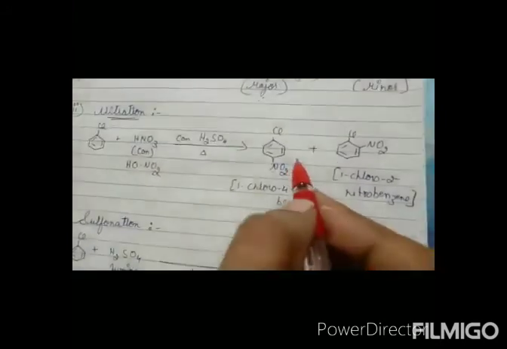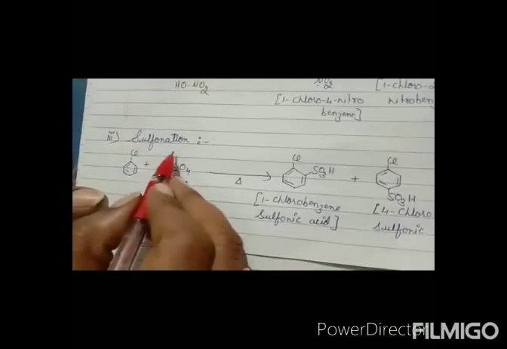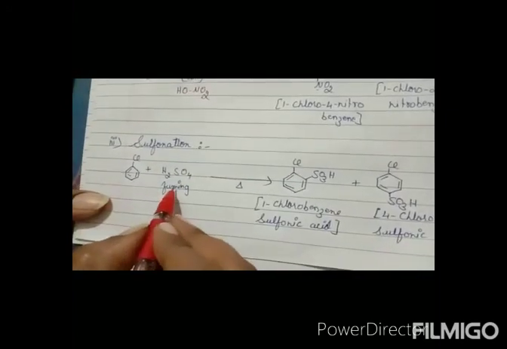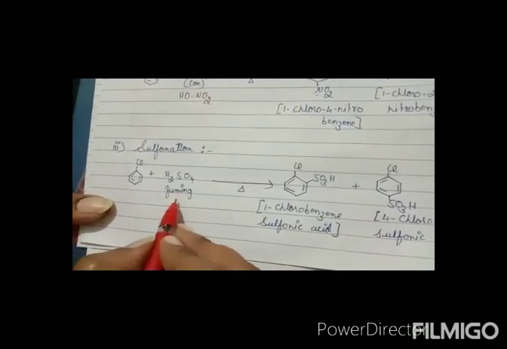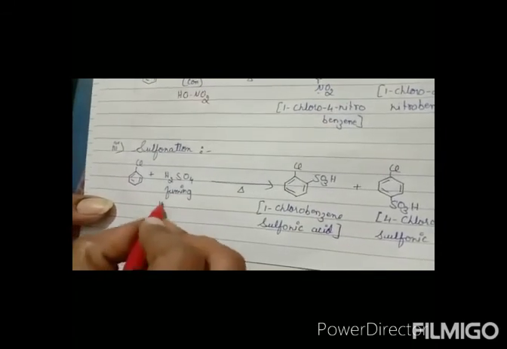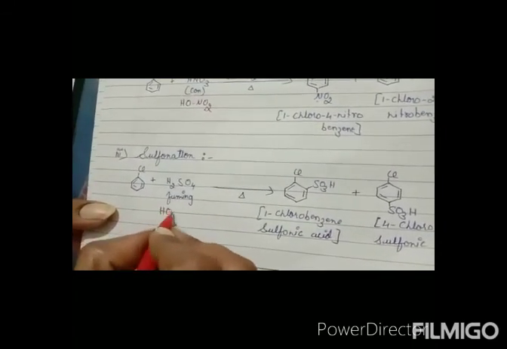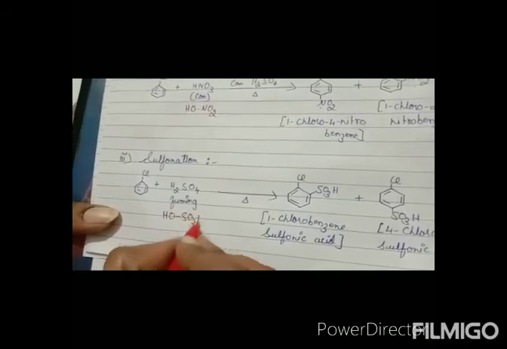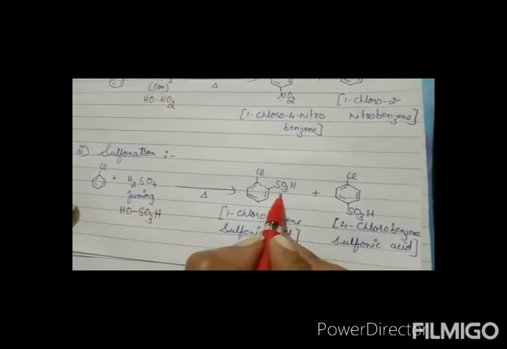So obviously the para position will be considered as what? The major product. Sulfonation reaction, the reaction of chlorobenzene with sulfuric acid, that is the fuming sulfuric acid. For simplification, I can write it down as HOSO3H. So we have the substitution at the ortho position and at the para position.